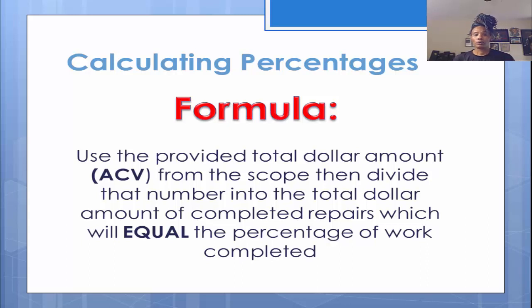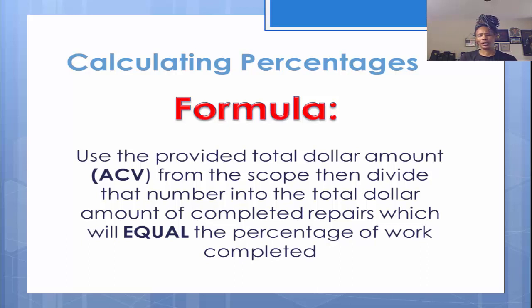In order to calculate your percentage, you want to use the actual cash value, and that is the total dollar amount for what the insurance company is going to pay, pretty much. So that is your ACV. That is the total amount that is going to cost to have this property restored back to original condition.